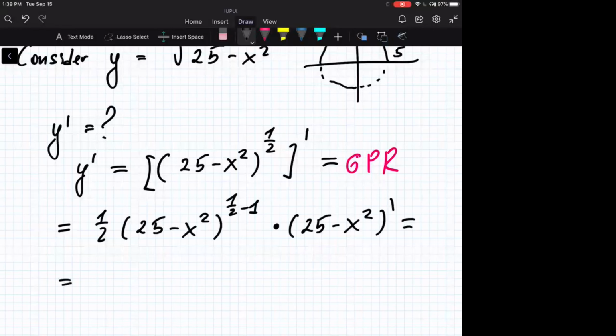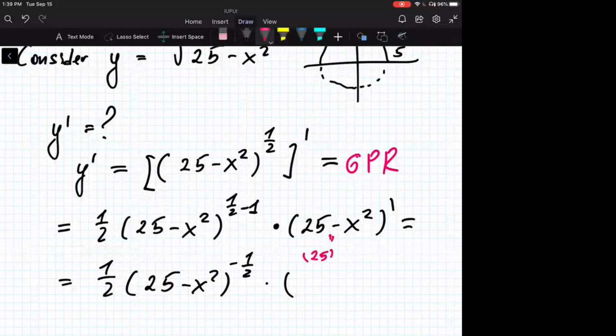And so that gives me 1/2, 25 minus x squared to the power minus 1/2, times the derivative of the difference, which is the difference of the derivatives. So this is the derivative of 25 minus the derivative of x squared. Derivative of the constant is 0, while the derivative of x squared gives me minus 2x.